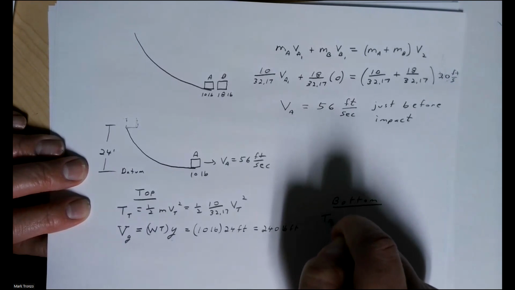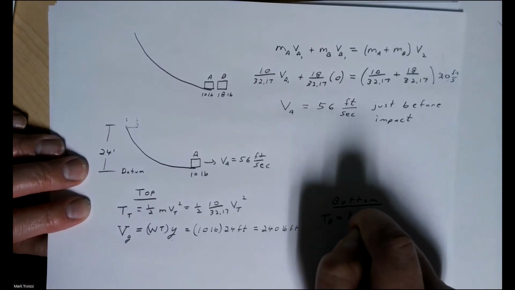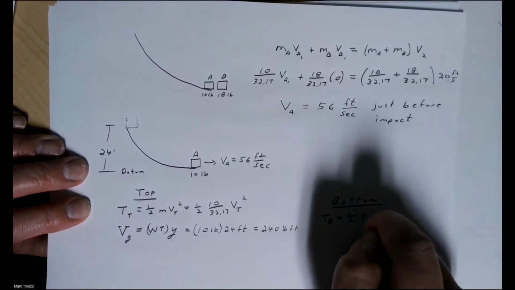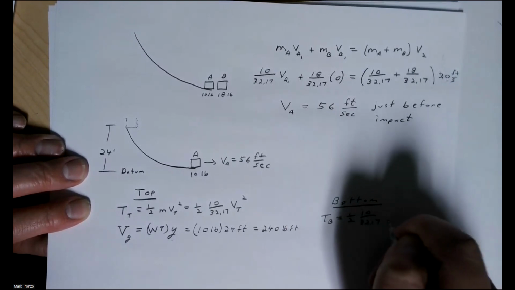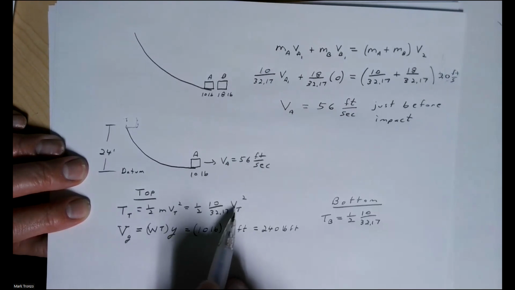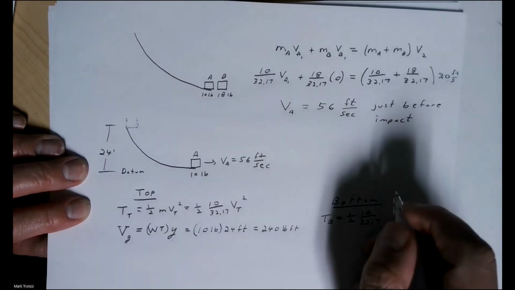we have TB. Again, 1/2 mv squared, 1/2 times 10 divided by 32.17. Now the velocity at the bottom we know was 56.